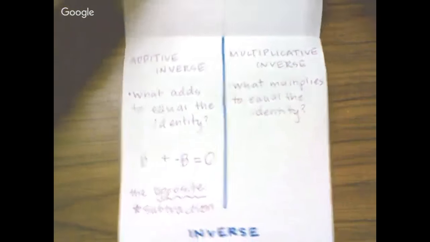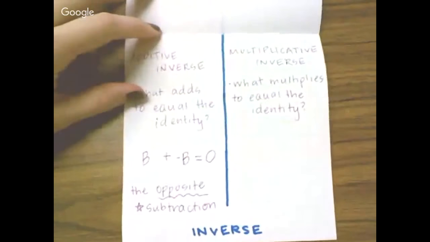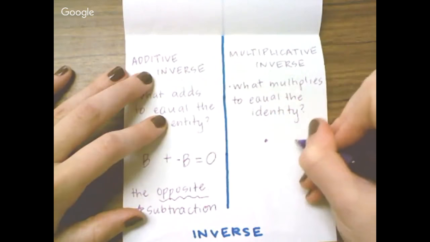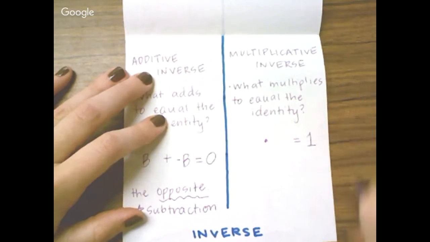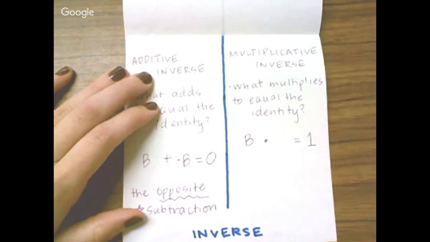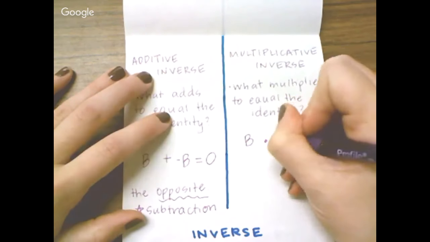And again, if I go back, my identity for multiplication is 1. So if I'm given B, my multiplicative inverse is 1 over B.